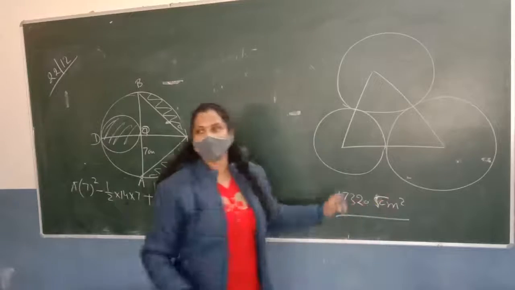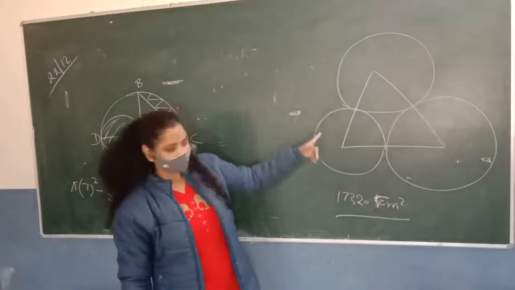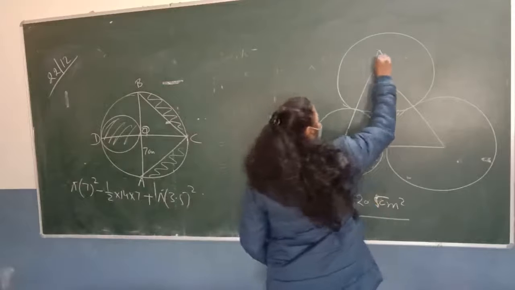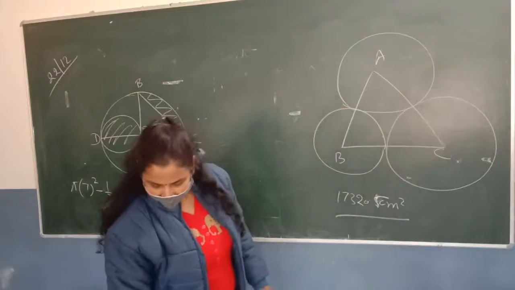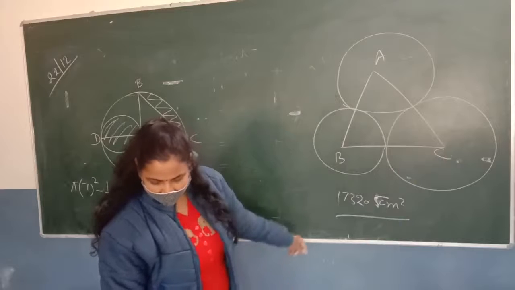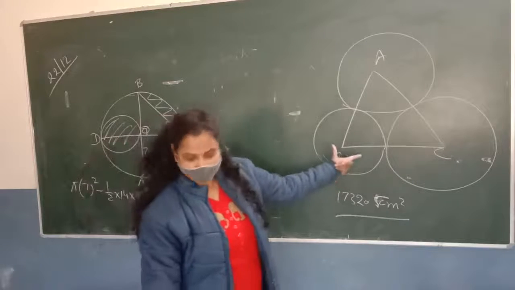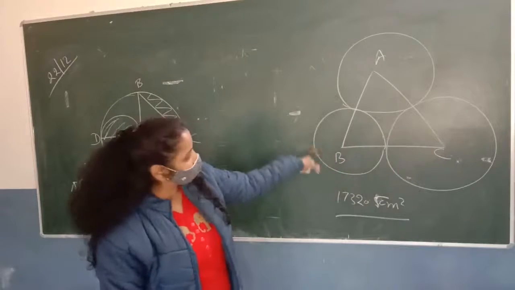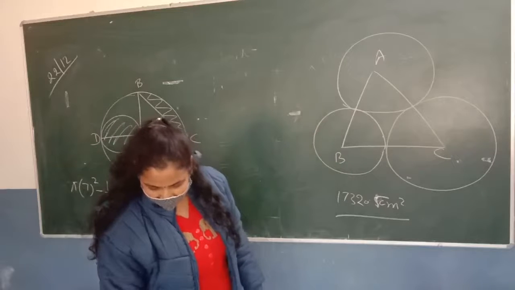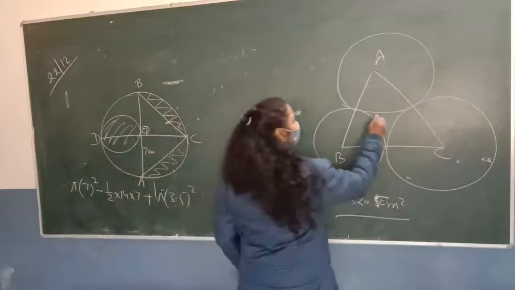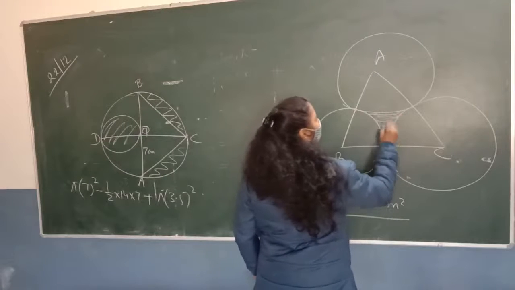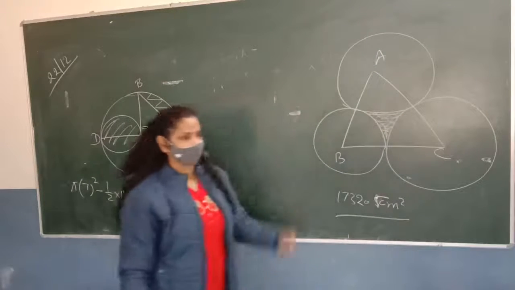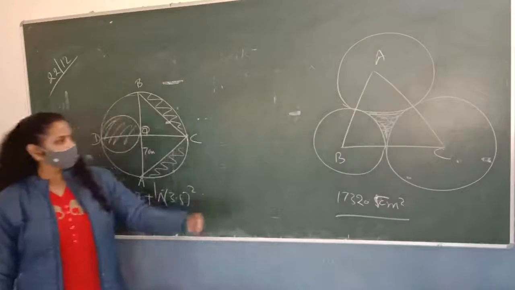This is the area of the equilateral triangle, which is given like A, B and C. And from the half of the length of the side, we draw 3 circles. And we have to find the area of this shaded portion. This one. Vaibhav, how can you do this question?